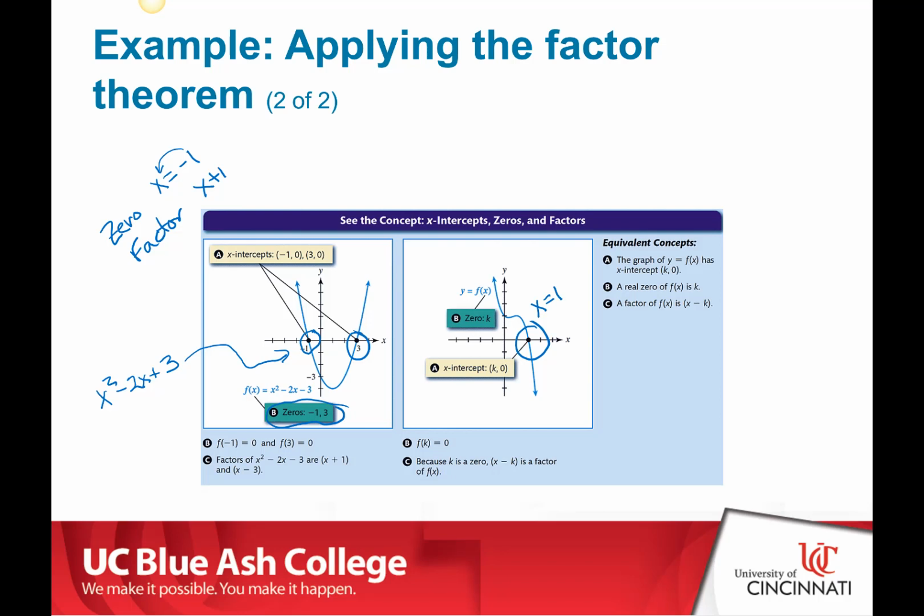Does that make sense? Now, if x equals 1 is a 0, a factor would be x minus 1. Yeah. The factor would be x minus 1. Right, because you've got x equals 1, so to get a factor, you move it to the other side. Whoops, if I move it to the other side, I'm going to get a negative 1, and this is going to be equal to 0, which is what makes that a factor, isn't it? Is everybody good?